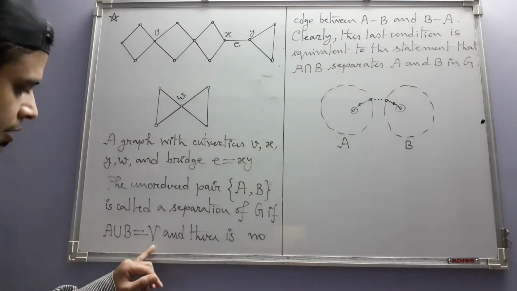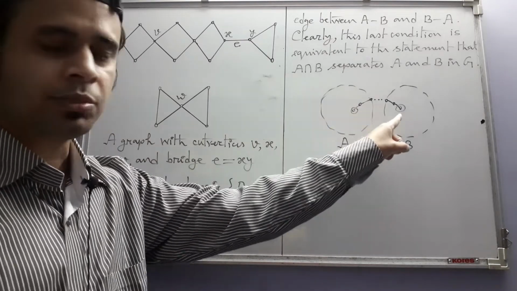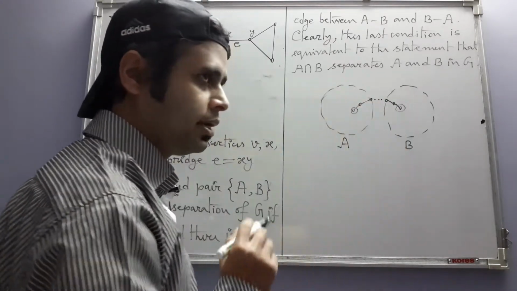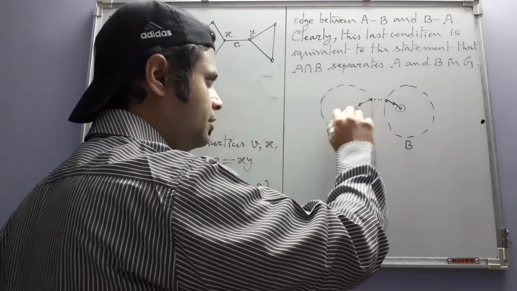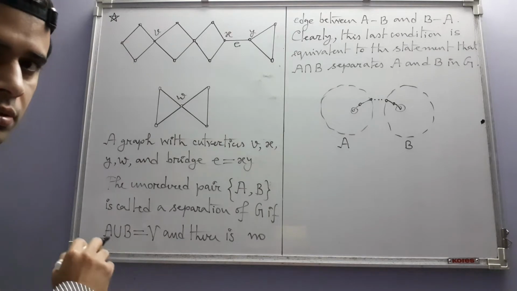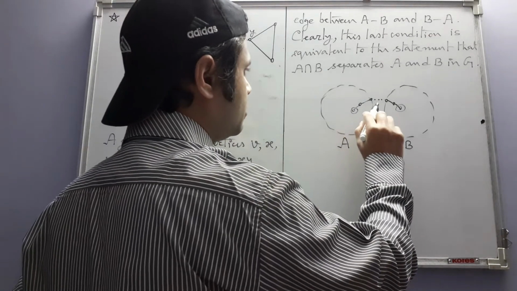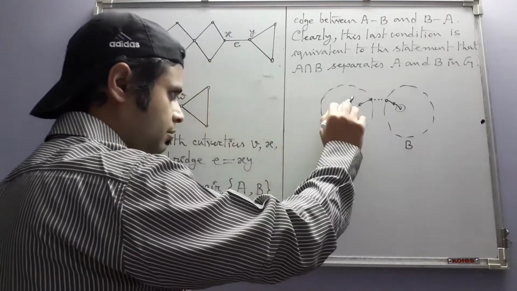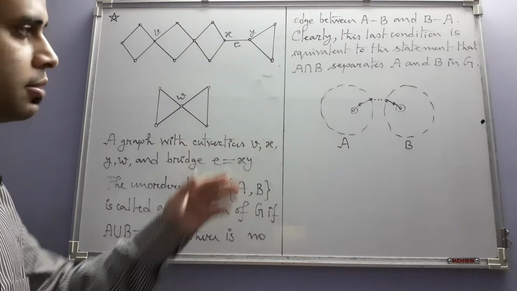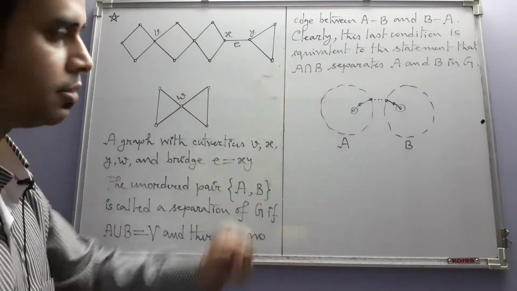A union B is V. So all the other intermediate vertices, if there is any, each one of them should either belong to A or belong to B. But according to our supposition, none of such intermediate vertices belongs to both A and B, because none of them is contained in A intersection B.